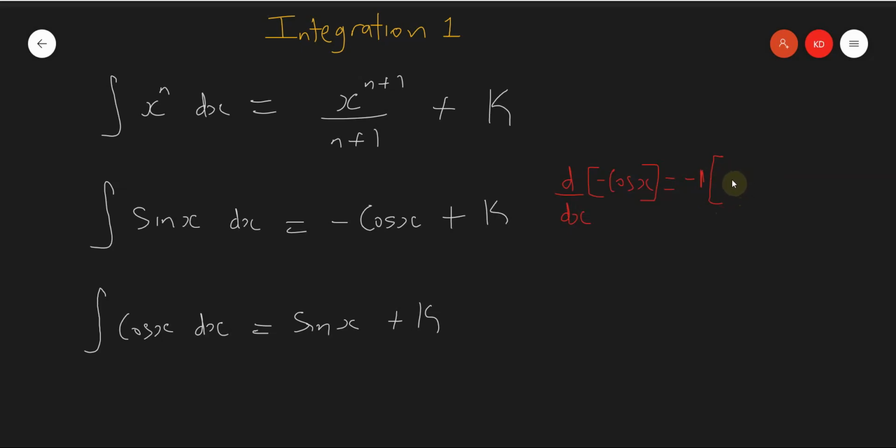When you differentiate cos x, you're supposed to get negative sine x. Good. Now negative 1 times negative sine x is basically sine x. So as we can see, if we differentiate negative cos x, we get sine x. Therefore, if we integrate sine x, we should get negative cos x.